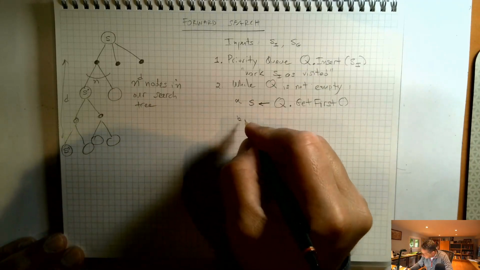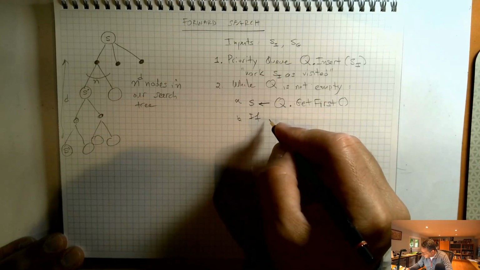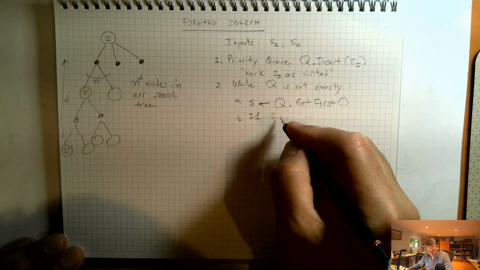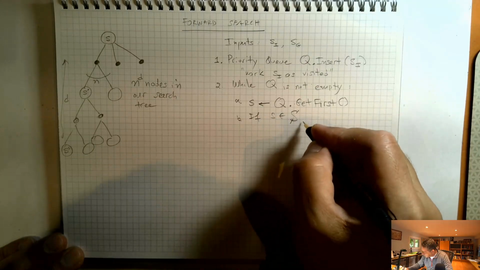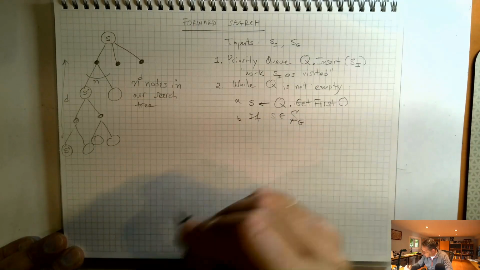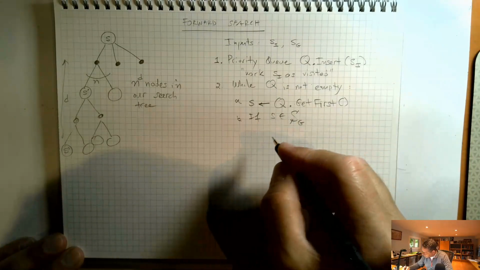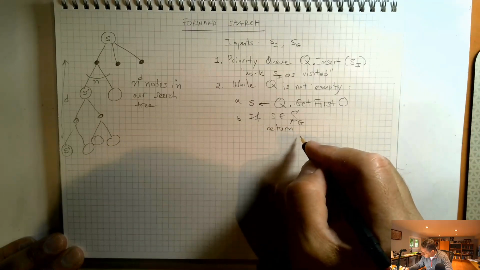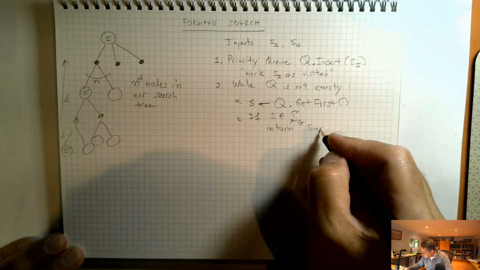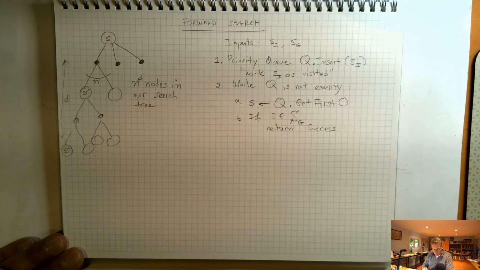And if it so happens that S belongs to the set, let me call it capital S_G, of goal states, then we can return that we have a success and we have a plan in our hands.